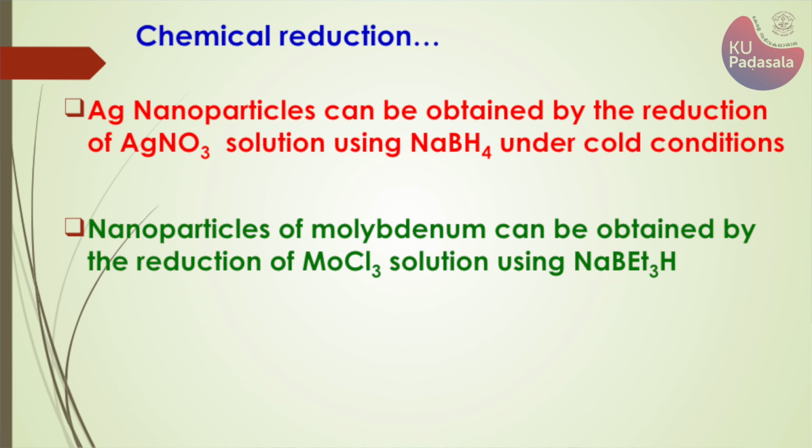We can take molybdenum chloride, or MoCl3, as the starting material and perform reduction using a derivative of sodium borohydride, that is sodium triethyl borohydride. By this reaction, MoCl3, where Mo is present in the +3 oxidation state, gets reduced to molybdenum nanoparticles, where the oxidation state is equal to 0, as per the equation shown here.